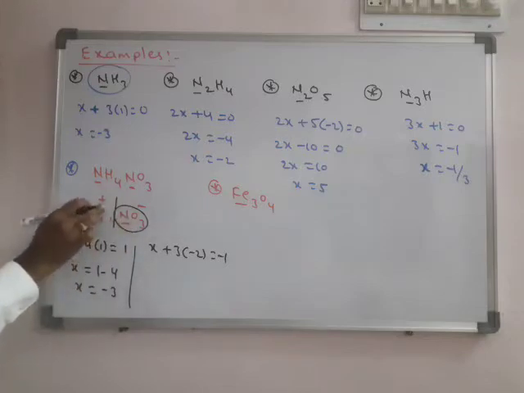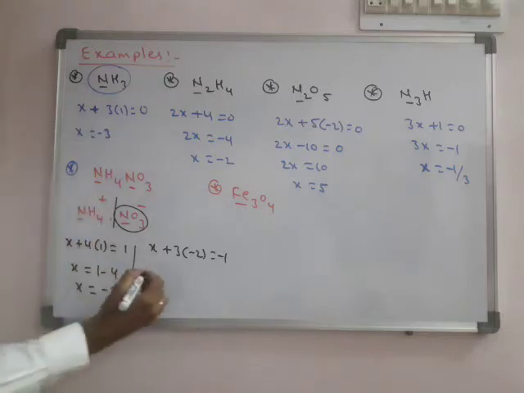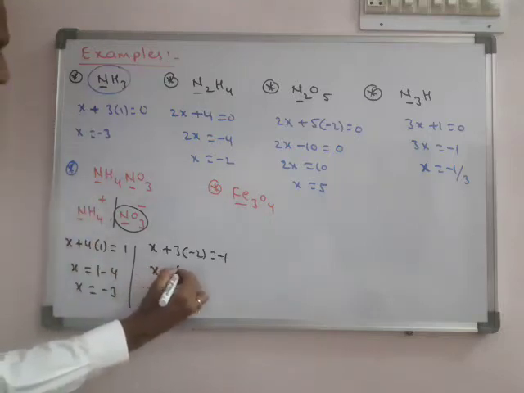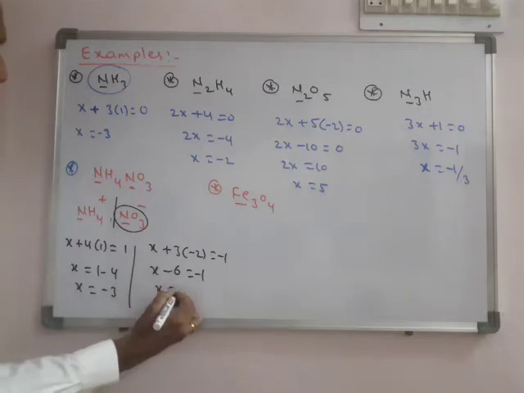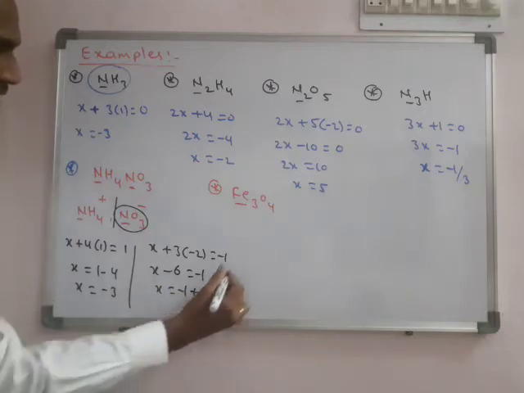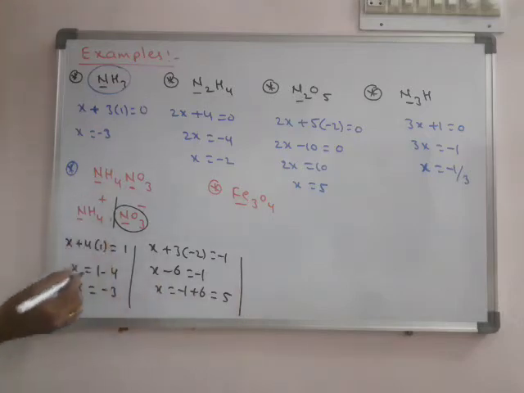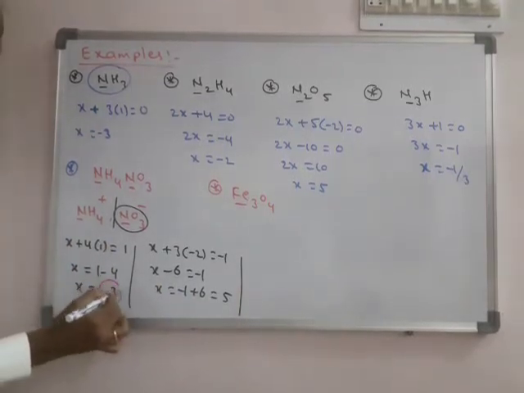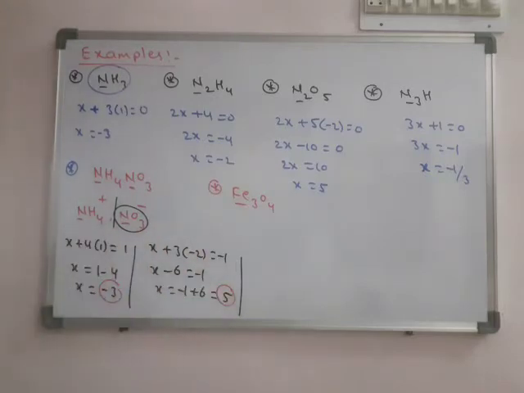Here also this plus 1 is not on the nitrogen, not on the 4 hydrogen, it is the overall charge plus 1. x minus 6 equals minus 1, equals how much? So plus 5. So what are the oxidation numbers of nitrogen in ammonium nitrate? Minus 3 comma 5.